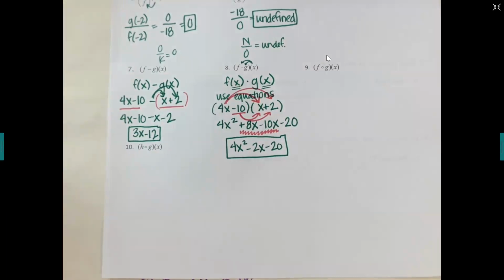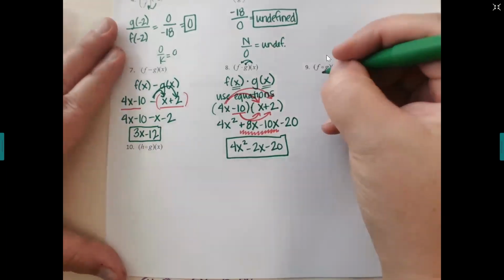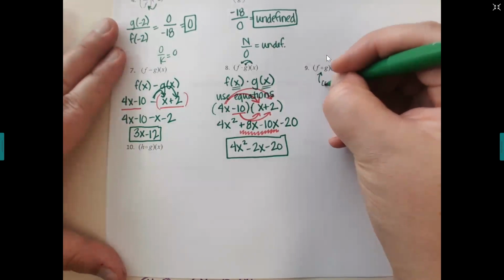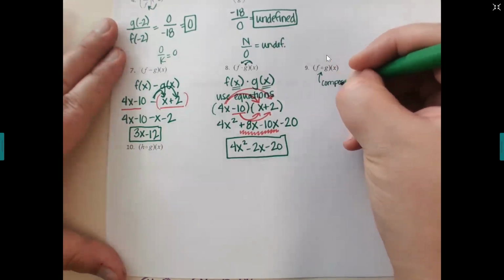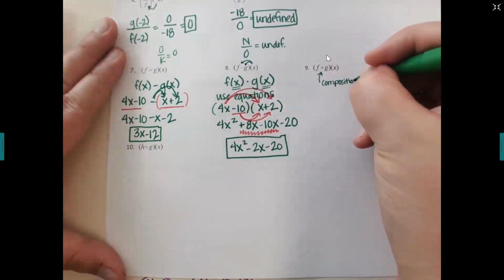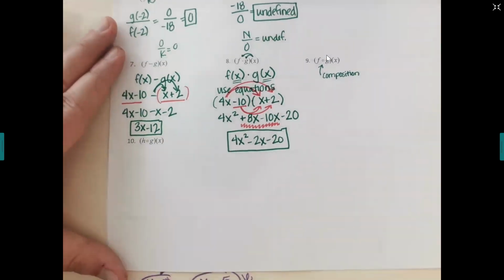Questions on that? Okay. Numbers 9 and 10 have a little open circle. Does anybody remember the name of that? It starts with a C. Good. That is a composition. And this was the very end of the notes on Thursday.